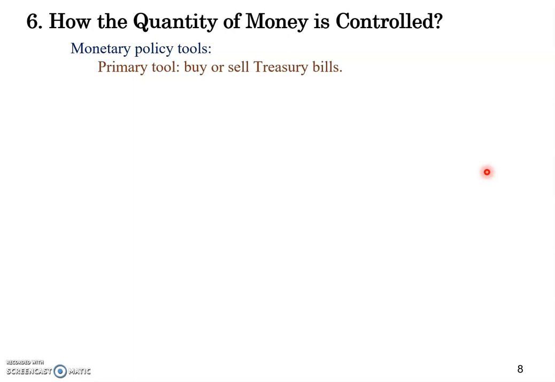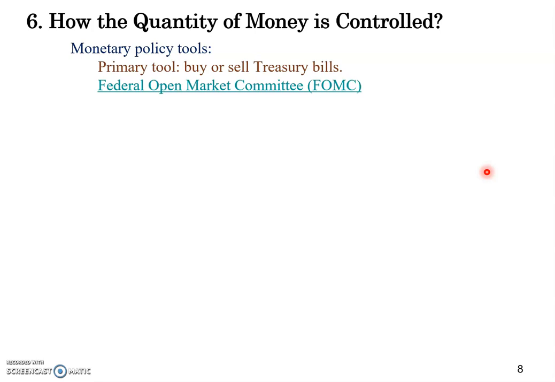Okay, and how much treasury bonds they're supposed to buy or sell, and at what point, like timing, all of these decisions are going to be made by FOMC, Federal Open Market Committee, okay, which we again briefly mentioned in the previous video.